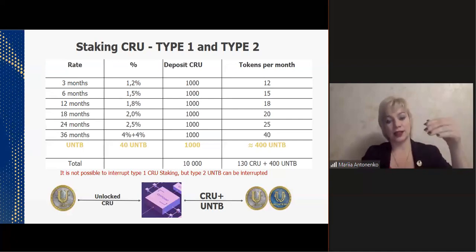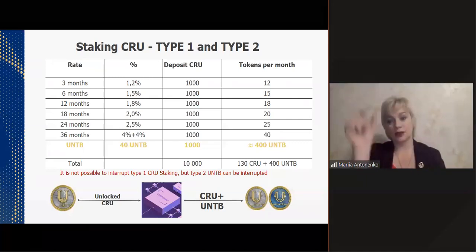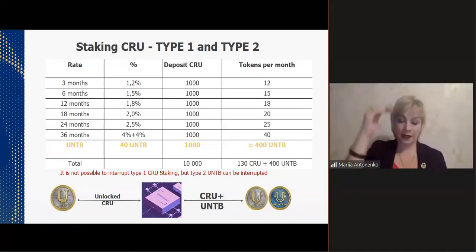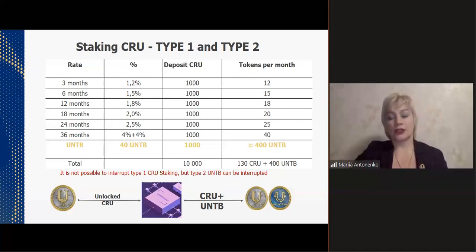And on the blockchain wallet, when you choose staking, there will be a chart that for the first 3 months is going to be 0 tokens. On month 4, you will see 8%. The crypto wallet will show you on which day you're going to receive your CRU tokens from your staking of unlocked CRUs. It's type 1 staking, CRU for CRUs. Accruals will happen once a month. I'm talking about unlocked CRUs.